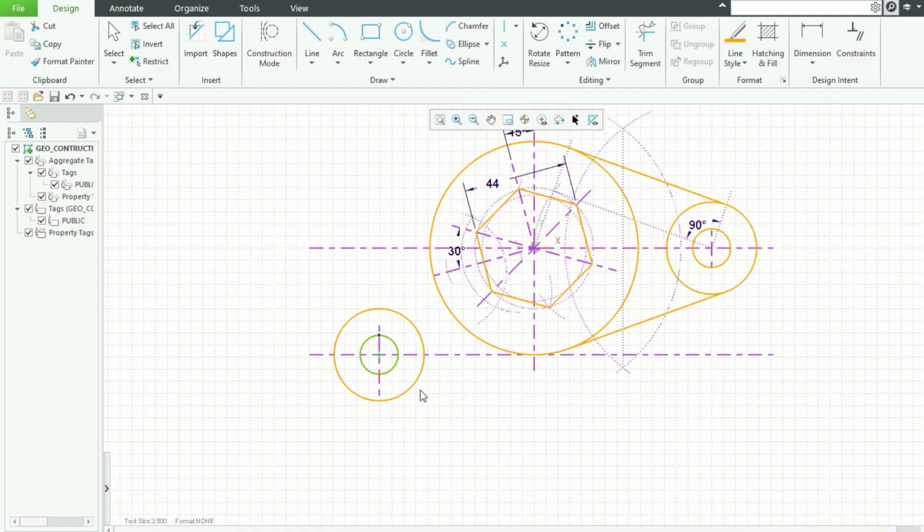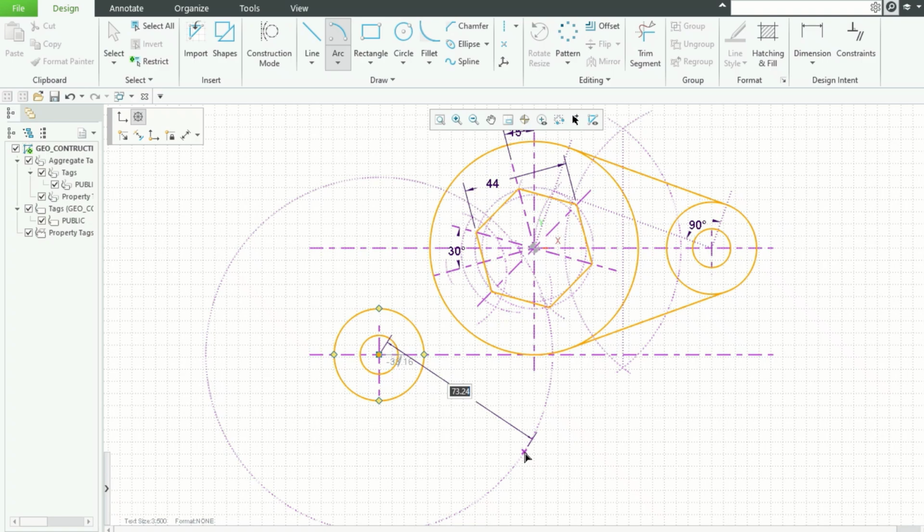Now we have to create two tangent curves. This one is 19 mm radius and the tangent curve to touch two circles is 38 mm radius. So let us add those radii and draw an arc.